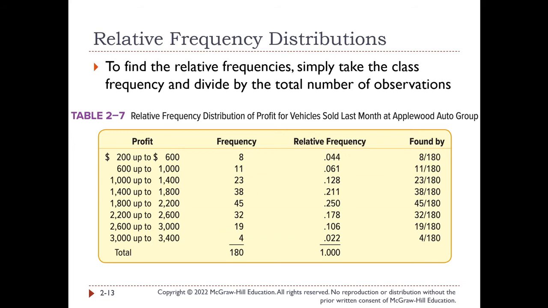Alright, so relative frequency distributions follow the same pattern that we just did before. We take our observations in each of these classes, these ranges, and divide by the total, and that's our relative frequency. Notice in this case, we have what looks like a bell curve because we're dealing with profit and selling vehicles.